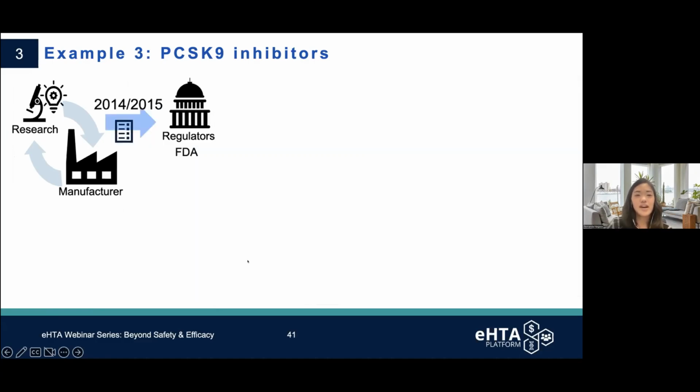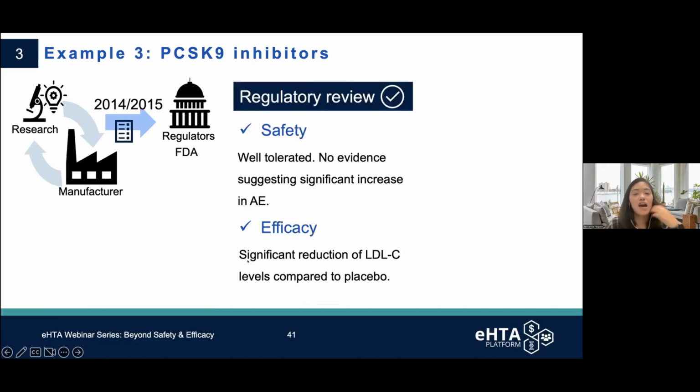So again, after years of research, they finally had enough clinical data to submit their products to regulatory review to the FDA. And upon reviewing, the FDA felt that the product is well tolerated and doesn't seem to have any evidence suggesting a significant increase in adverse events compared to the control group.